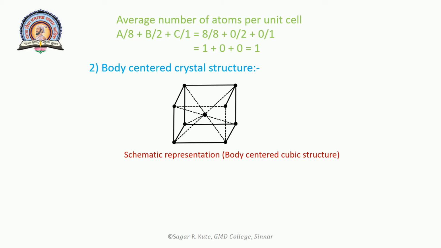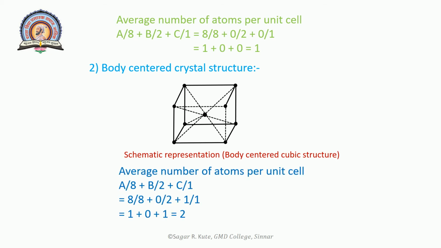In addition to this, there is one atom at the center of the unit cell, that is this one. The corner atoms are shared by 8 other unit cells, while the center atom remains unshared.